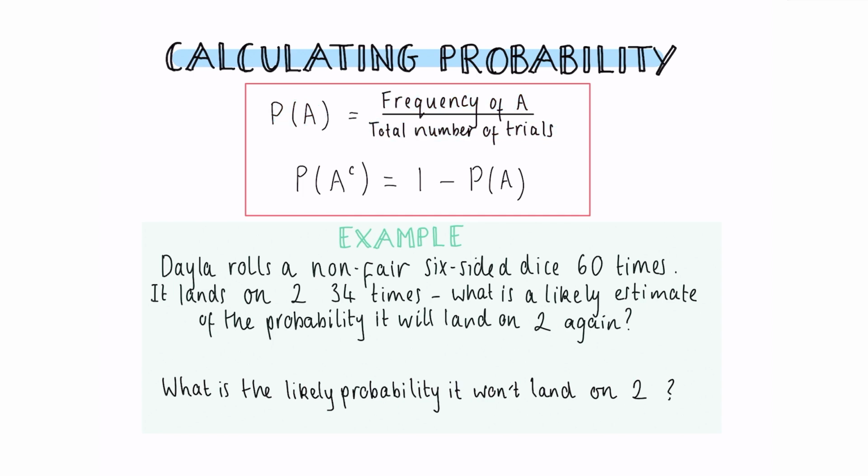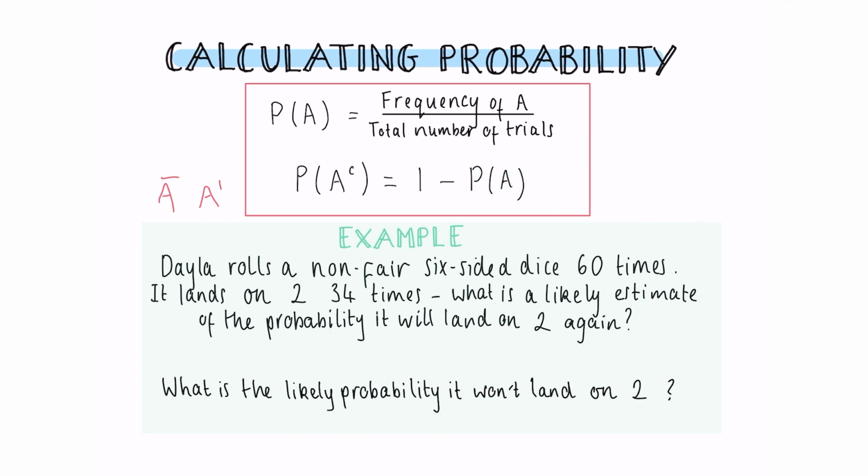The probability of an event not occurring, or the probability of the complement of that event happening, which is shown either by a little c, or sometimes a line or a dash, is 1 minus the probability of the event happening. This is because in an experiment, a result either happens or it doesn't. The events are mutually exclusive, and so in total, the probability of one or the other occurring is 1.